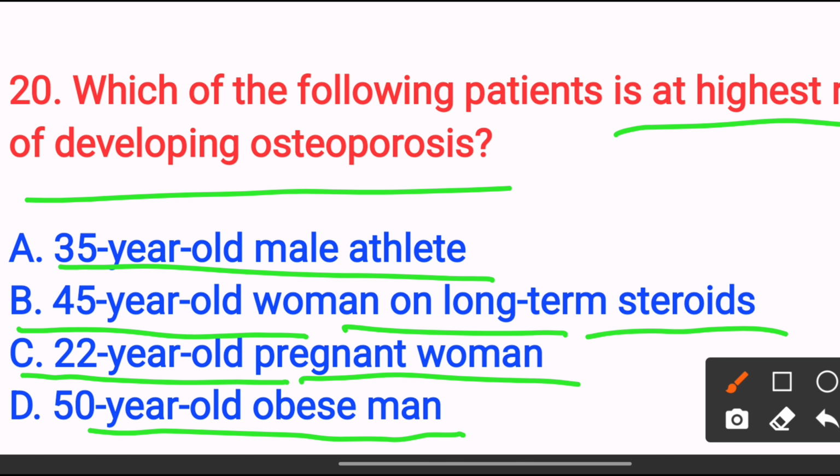Option D, 50-year-old obese man. The answer is option B, 45-year-old woman on long-term steroids, because chronic steroid use increases bone resorption, decreases the bone formation and reduces the calcium absorption, all leading to osteoporosis.